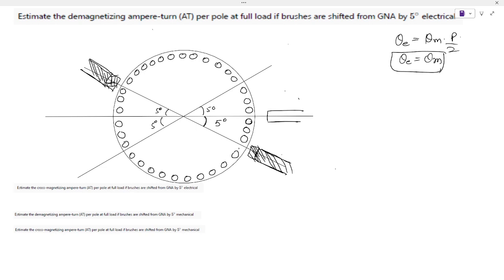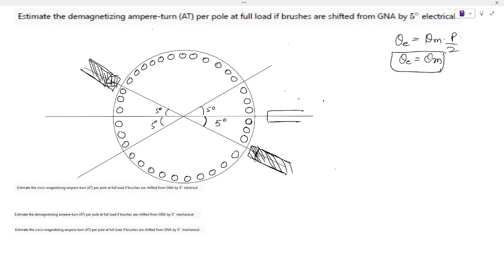So what I will ask: estimate demagnetizing ampere turn per pole at full load if brushes are shifted from GNA by 5 degree.